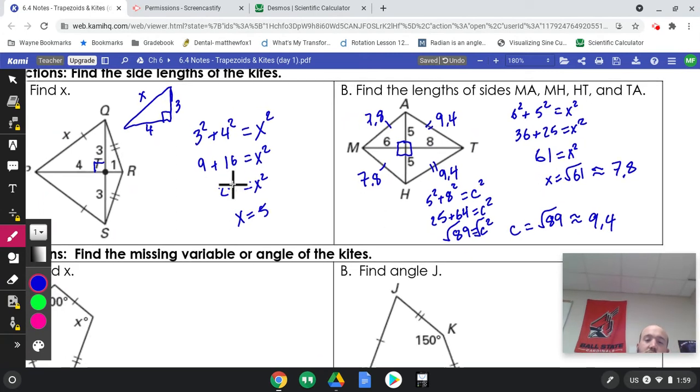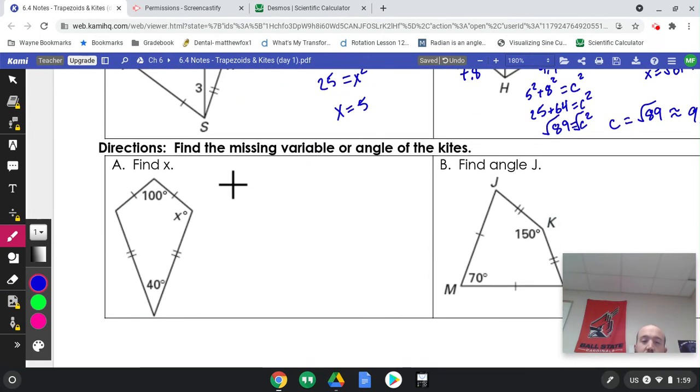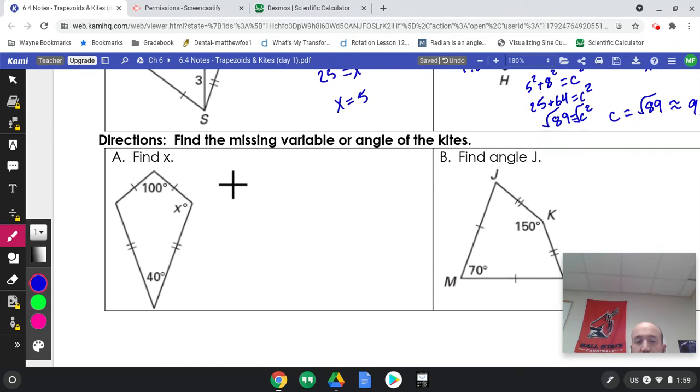Okay, the final concept on kites here is we know there's always one set of congruent angles, the opposite angles that are congruent. So if we look here, 140, clearly not congruent. So we know over here will also be an X. That makes sense because that is from where it changes 2 markings to 1, 2 markings to 1. It's not in between two sides that are congruent, okay? So if we add all of these up, 100 plus 40 plus X, we know we will get 360 because there's 4 sides.